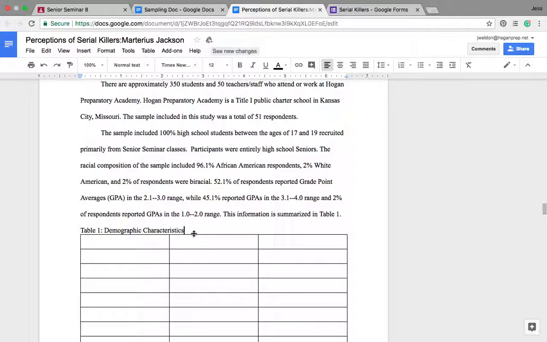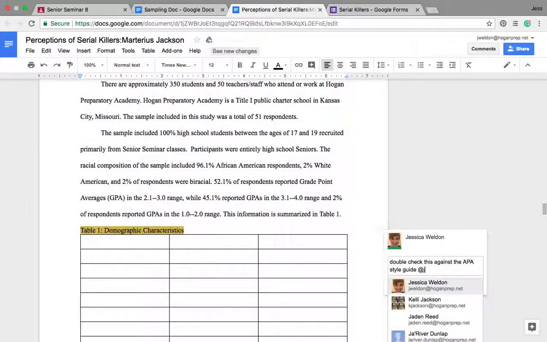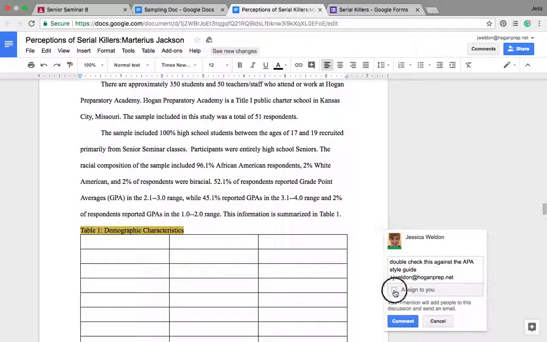This is how I've always done it, and I have not gotten in trouble, but I am going to make a note to myself to double check this against the APA style guide. Because now I'm getting worried. Okay, and I'm assigning it to myself.